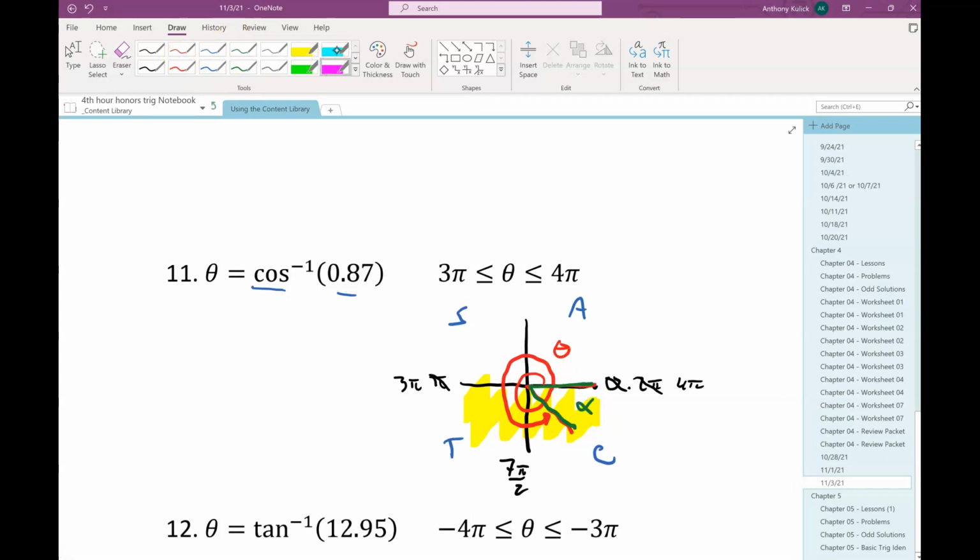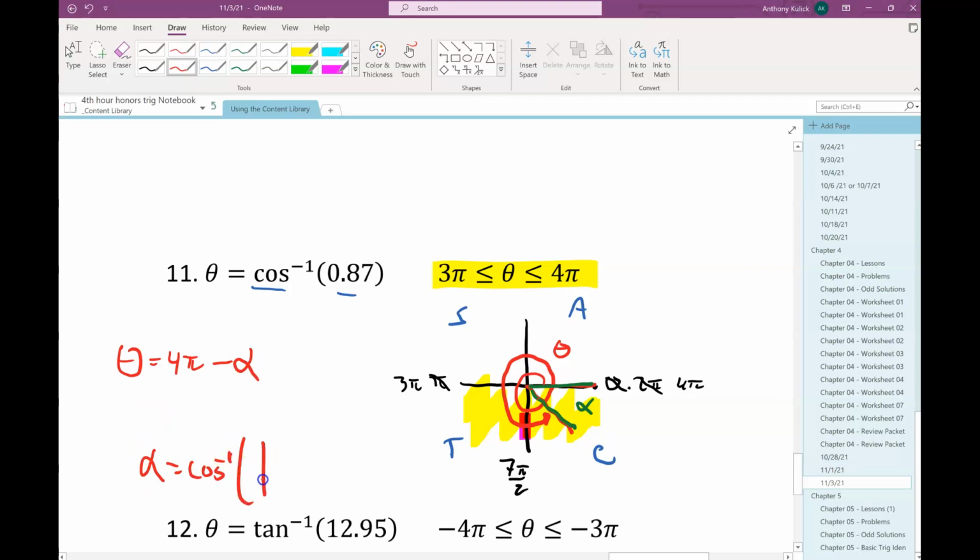Since theta is positive between two positive numbers, and the last axis we pass is vertical, I know I'm going to be subtracting alpha. So theta is going to be 4 pi minus alpha, where alpha is cosine inverse of the absolute value 0.87. And then it's just calculator time.